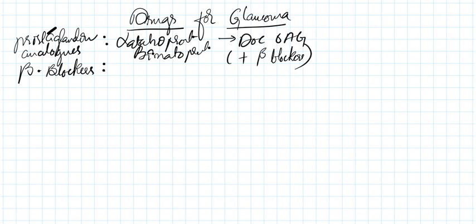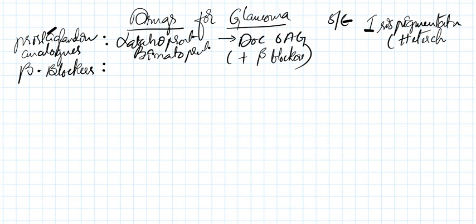Now if you ask me some of the side effects of these drugs, it is very simple. First one is iris pigmentation. This is an important MCQ. You will get an image. Iris pigmentation, also called heterochromia iridis.